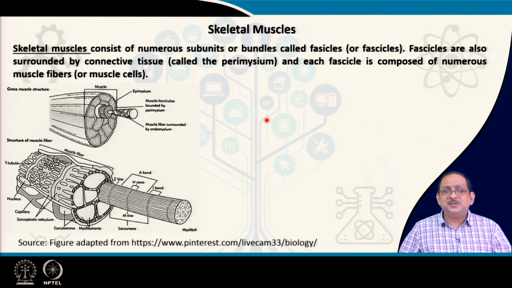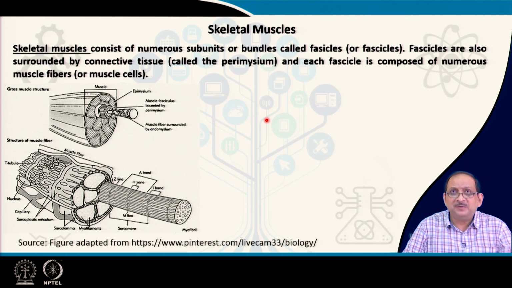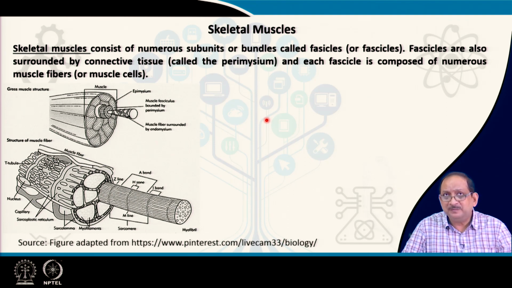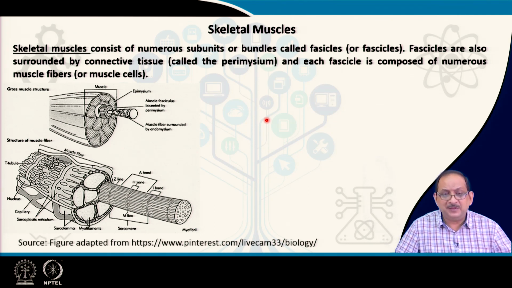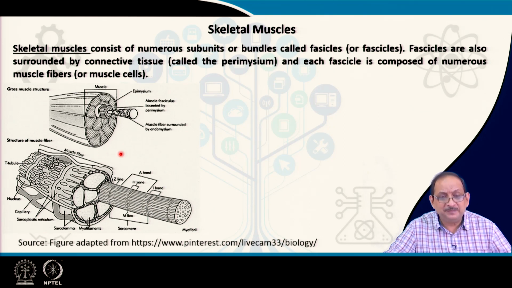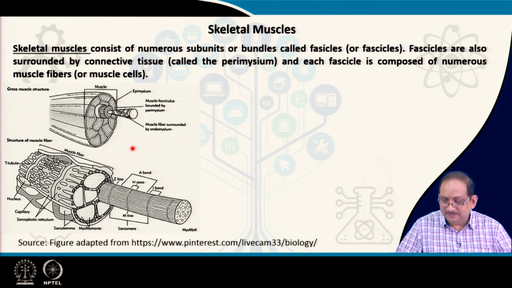Now, let us consider more in detail the skeletal muscles. The skeletal muscles consist of numerous subunits or bundles called fascicles. The fascicles are surrounded by connective tissue called the perimysium, and each fascicle is composed of numerous muscle fibers or muscle cells, as you can see here in the picture presented in the slide.